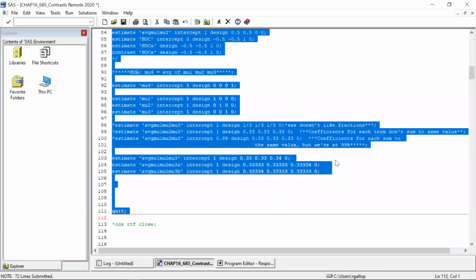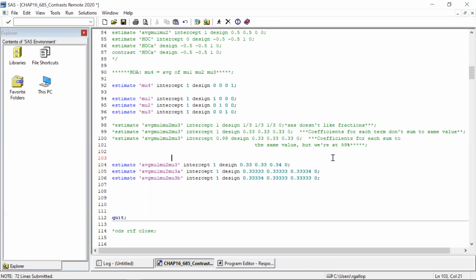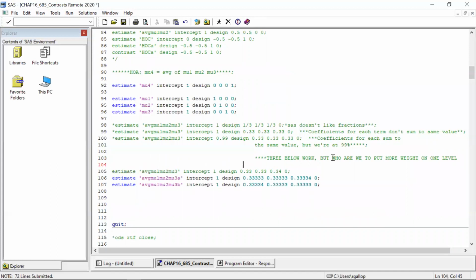I'll just add this comment: the three below work, but who are we to put more weight on one level? So the answer is we can't do that.